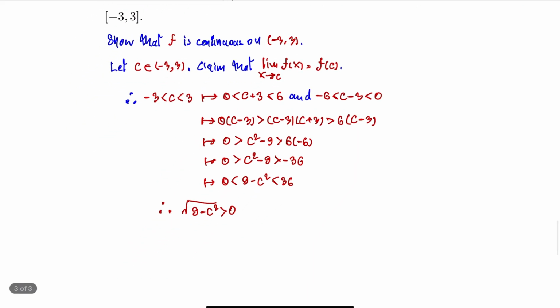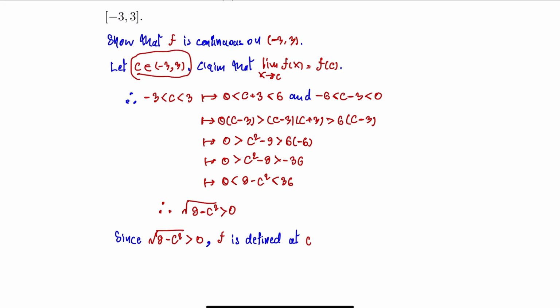Okay. Now, since the square root of 9 minus c squared is greater than 0, that means that f is defined at c when c is in this interval from minus 3 to 3.